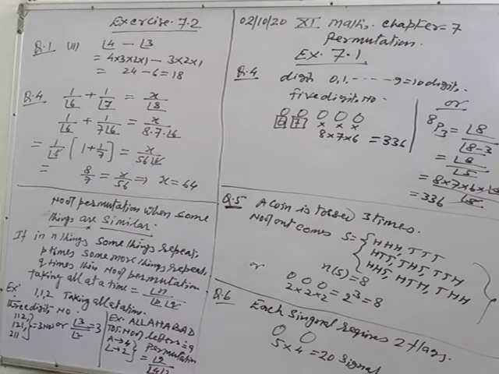Then the number of permutations taking all the things at a time, or the number of arrangements when you arrange in a row, so in how many ways you can arrange when some things repeat: you will remember this formula. Factorial n upon factorial p into factorial q, meaning the repeated things you divide with their factorials.